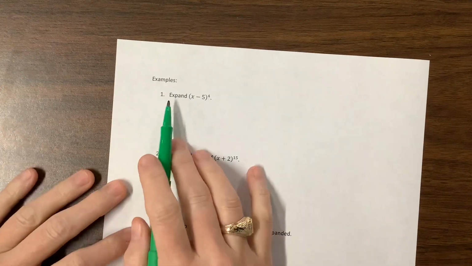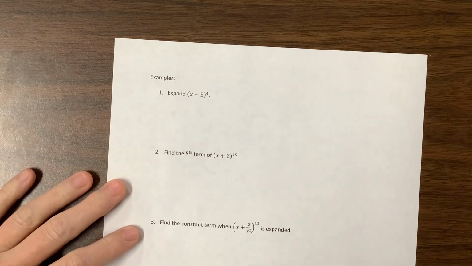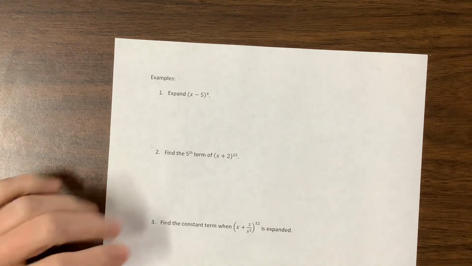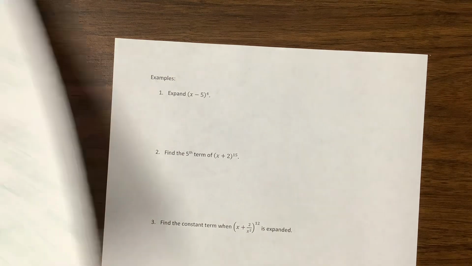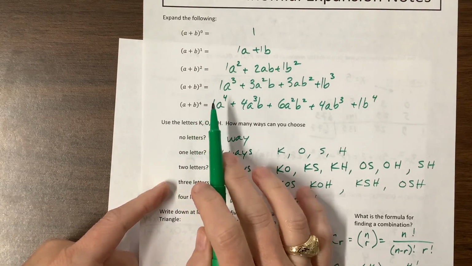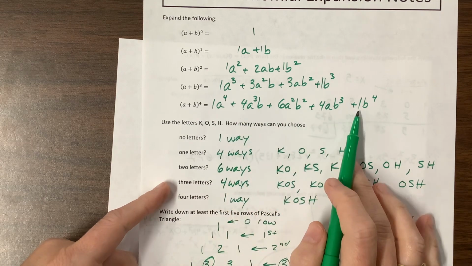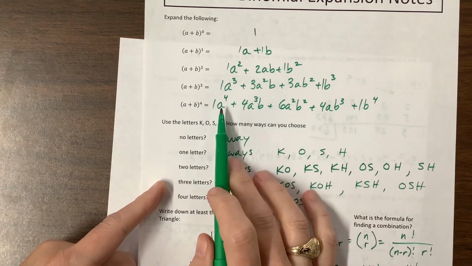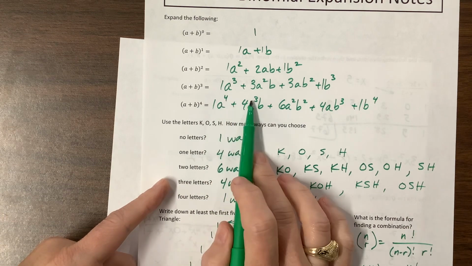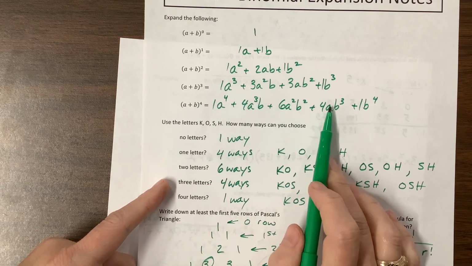Okay, so on this one, when they tell me to expand this (x - 5)^4, I remember that when I raise something to the fourth power, I have my coefficients of 1, 4, 6, 4, 1, which came from Pascal's triangle. And then notice the exponents on A, they start at 4 and go down: 4, 3, 2, 1, 0.